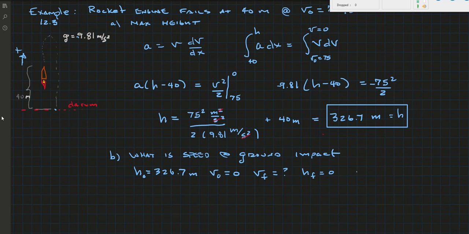So again, a equals minus 9.81 meters per second squared. So let's set it up. So here are our integrals to solve, and now x0 starts at 0 and ends up at minus 327.